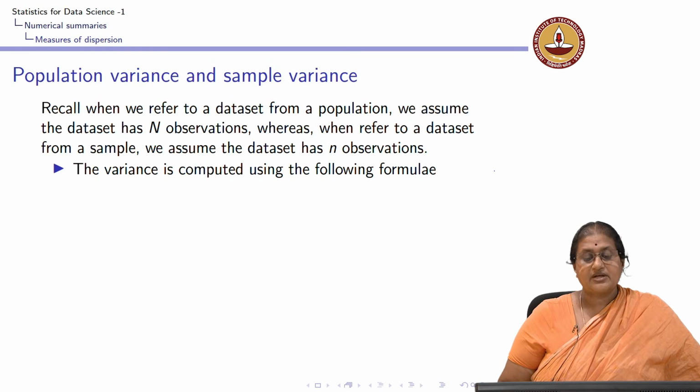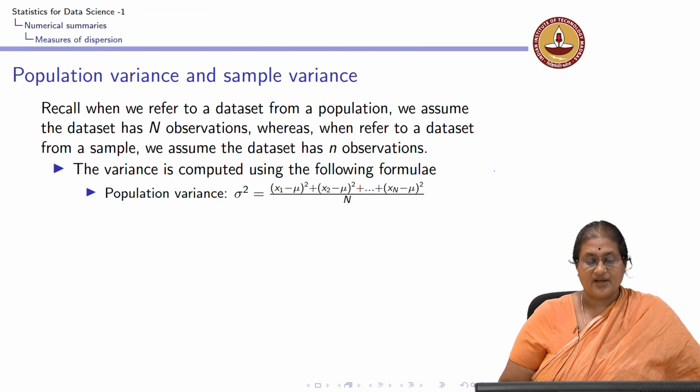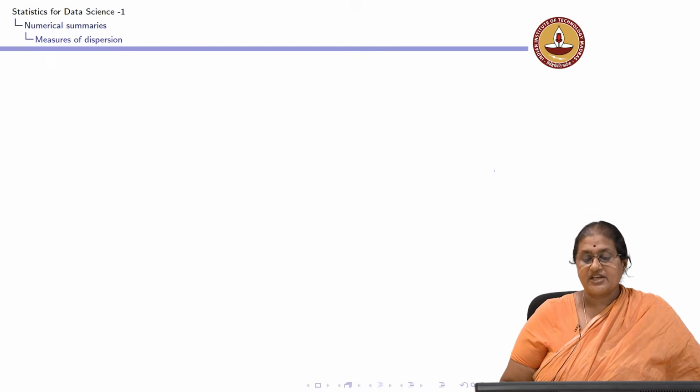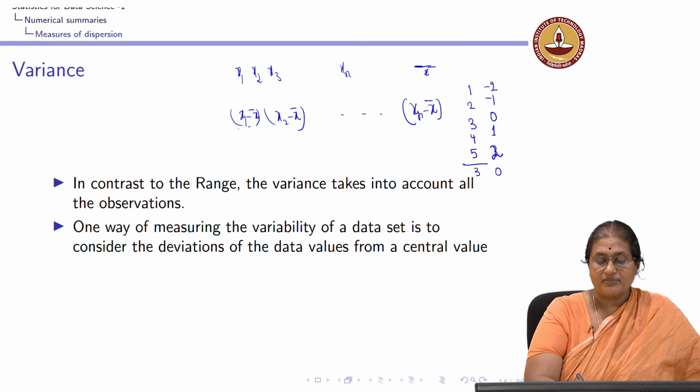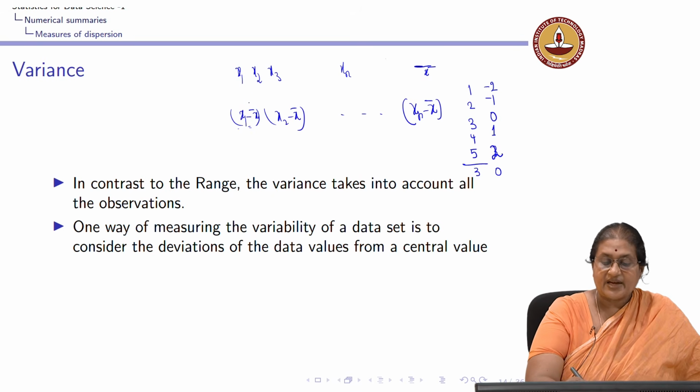So what the variance, the population variance and the sample variance, does is the following. It looks at the deviation of each data point from the central value and squares it.